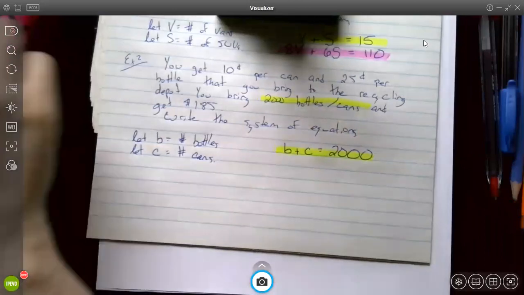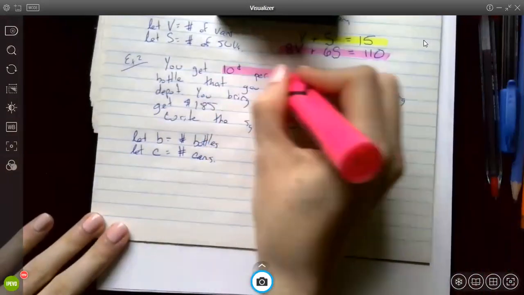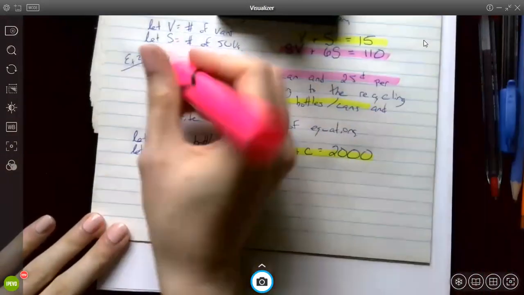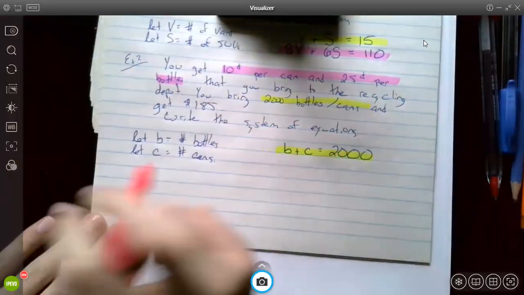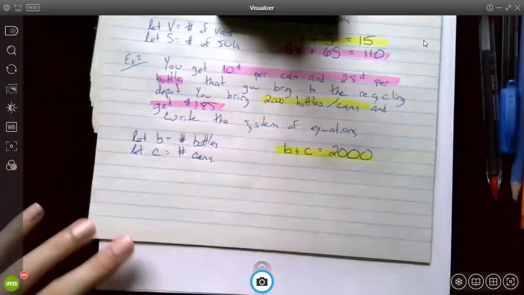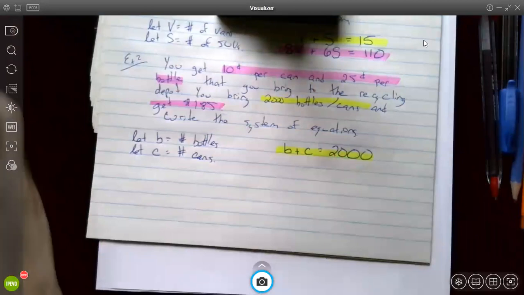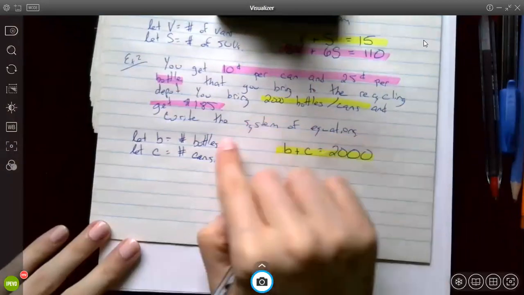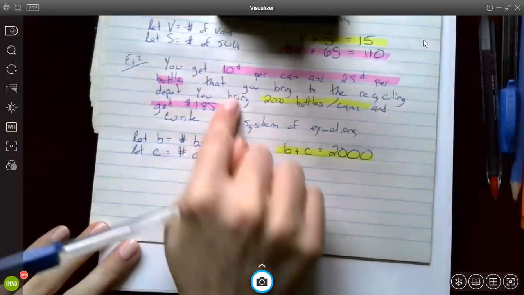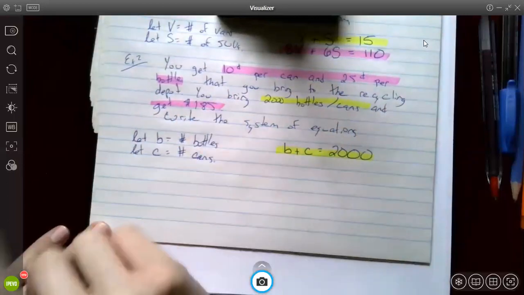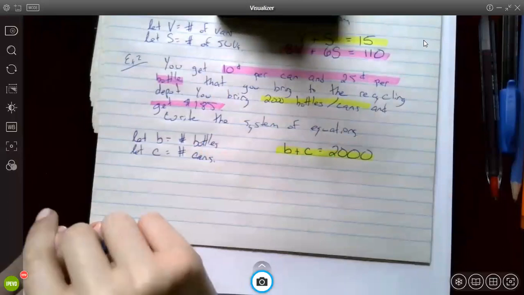The other one has to do with money. 10 cents per can and 25 cents per bottle has to do with money. So does the fact that I'm getting $185 in total. So I'm going to write this out as 10 cents per can and 25 cents per bottle equals the total amount of money. The one thing you want to watch for here is that you're using the same unit of money.